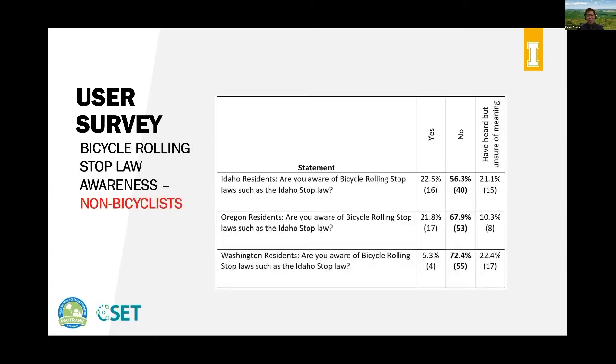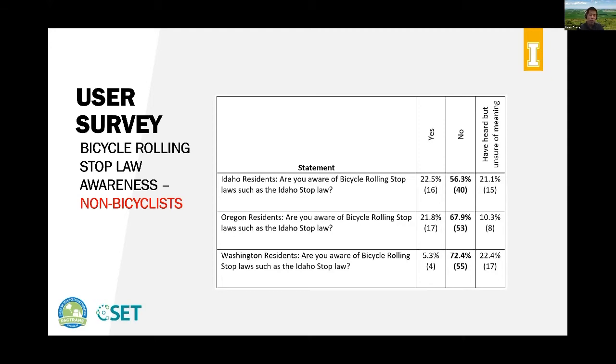And then we asked a series of questions about the bicycle rolling stop laws specifically. And I've got 2 slides here that look very similar. The first slide, as highlighted on the left there, focuses on our non-bicyclist population. And each row represents our 3 respective states.